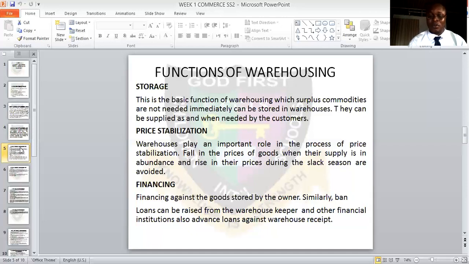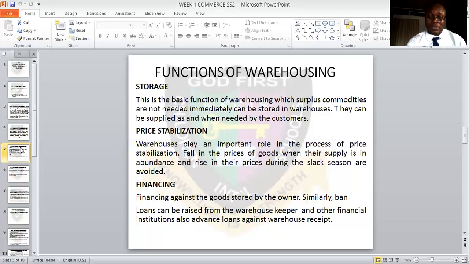So they try to avoid the increase in the price of goods, so they supply the goods when the price of goods is reduced or has fallen. So price stabilization simply means the price of the commodity must be stable, so that the consumer will be able to demand for more of it.